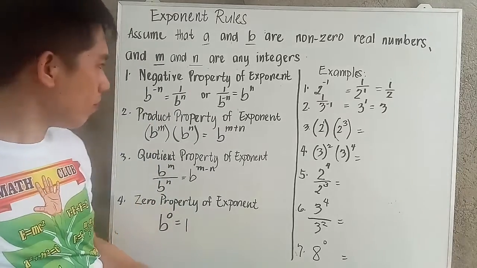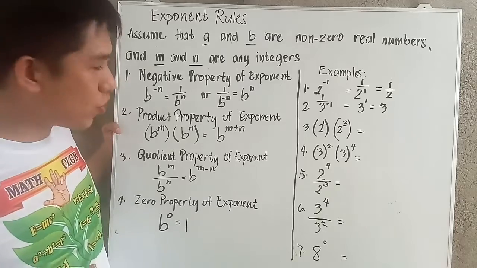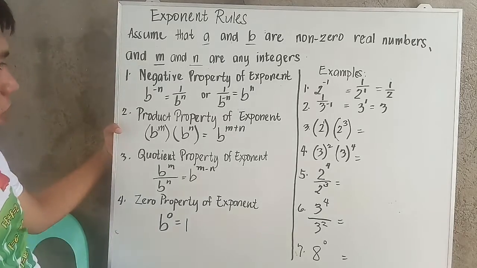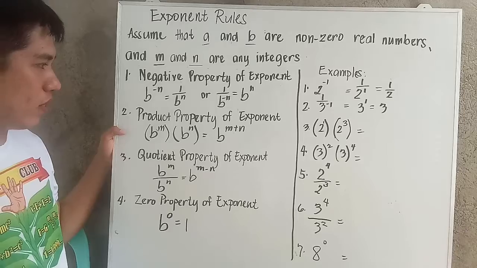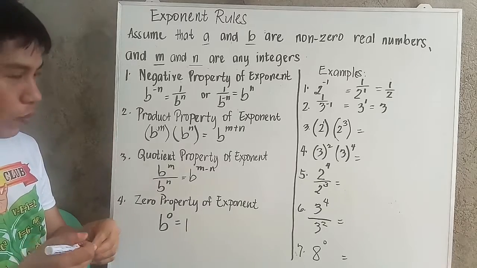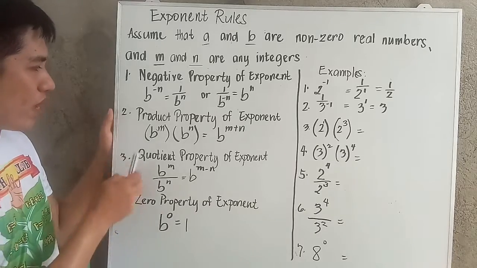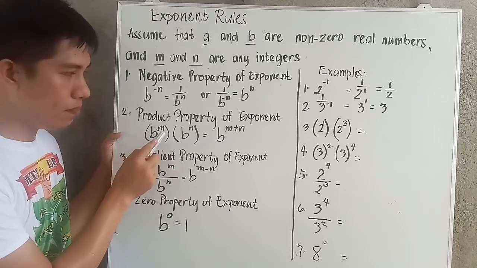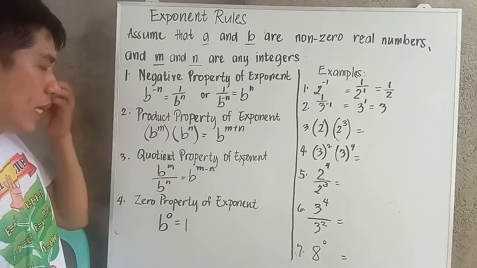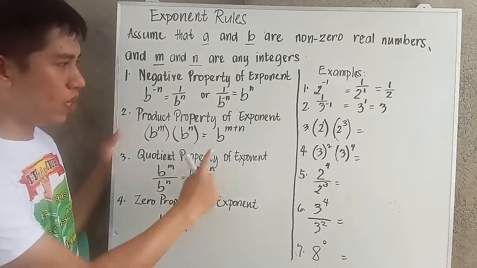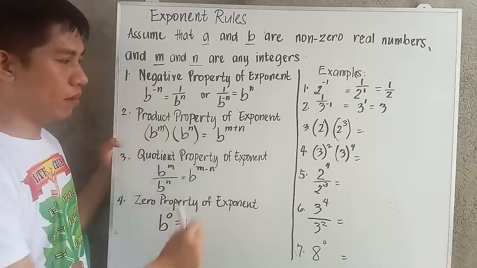Okay, next let us proceed to rule number 2, the product property of exponents. In the product property, b raised to the power of m times b raised to the power of n is equal to b raised to the power of m plus n.